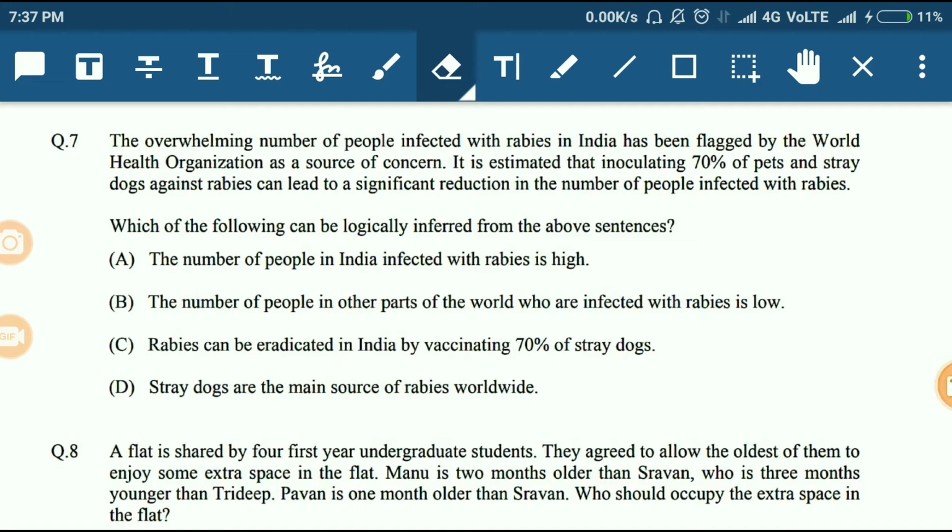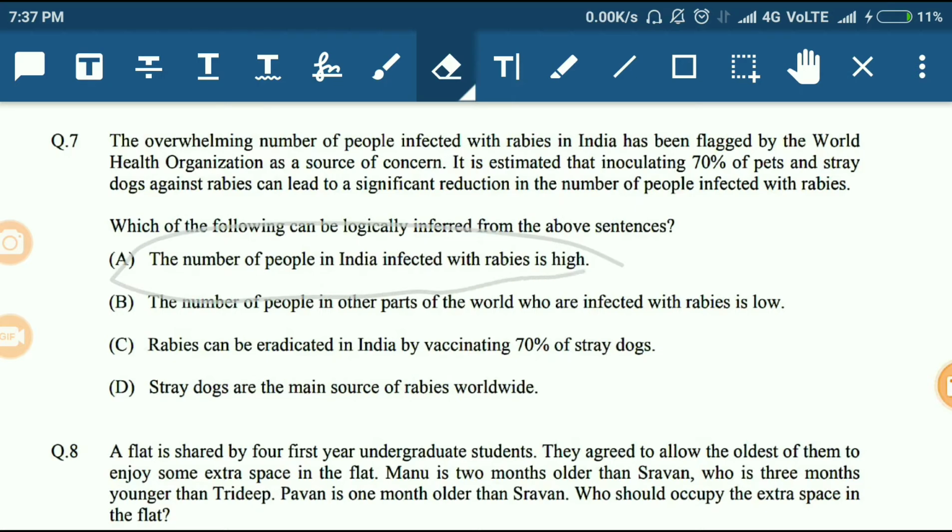And thus we would be able to decrease the infection to people by 70%. So let's go through the statements and see which statement explains this correctly.